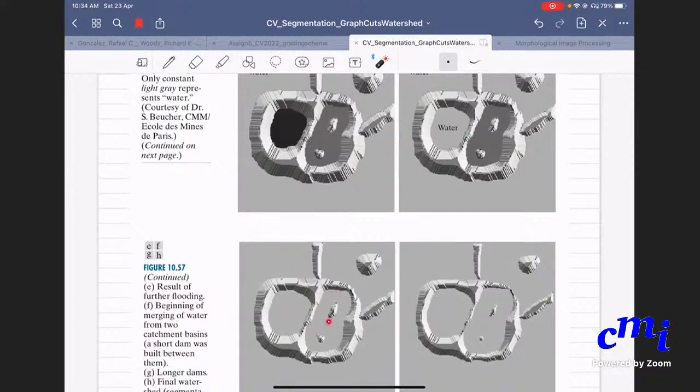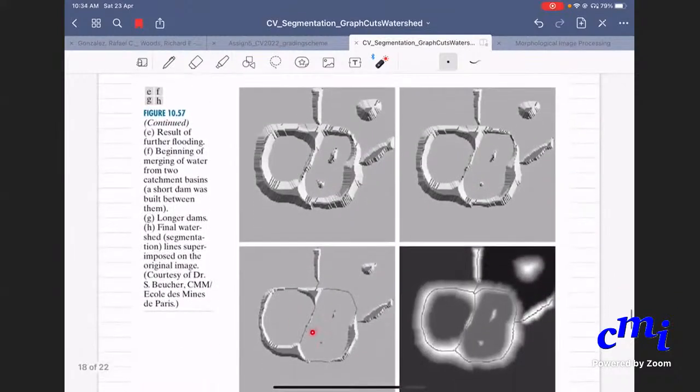Slowly the water starts rising in both places, and at some point it will overflow. If this ridge is lower than the rest of the ridges, then there will be overflow between these. When you reach the point that there will be overflow, you build a dam here.